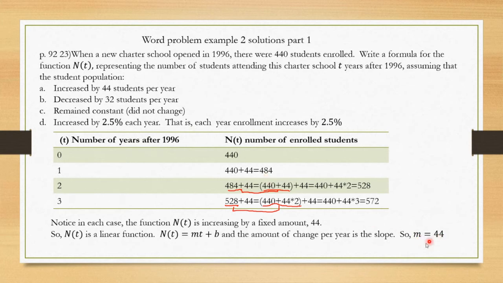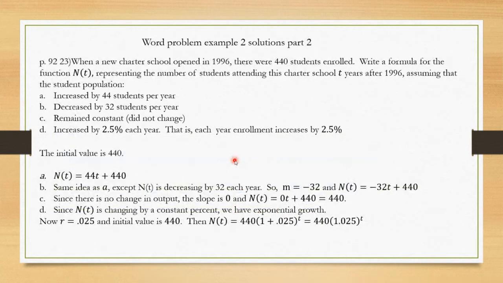So we have m is 44, and the initial value is 440. So a formula for N of t is this. I threw those calculations in there just to illustrate and help people see that, yeah, this is a linear function. That's what we get here. Okay, cool.